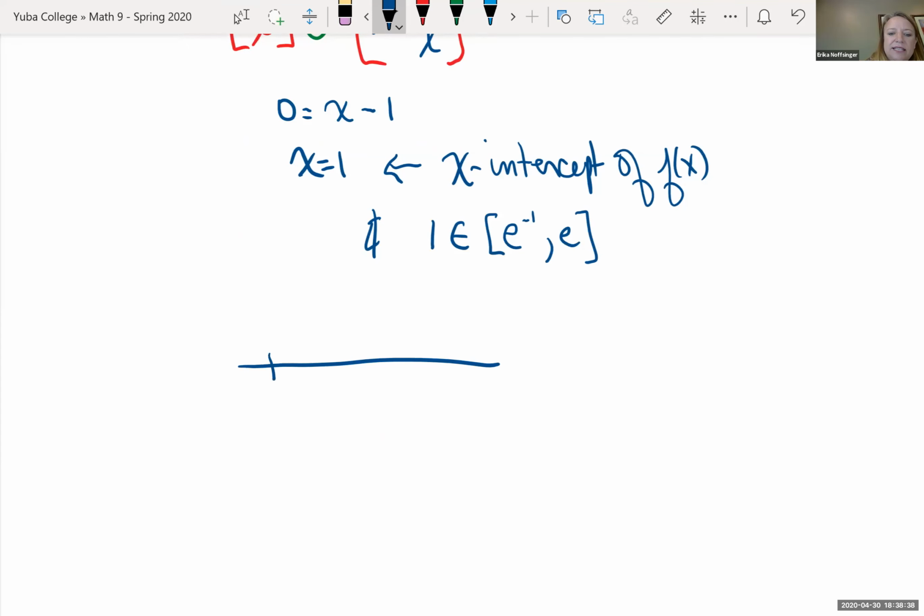So we have e to the negative 1, because that's our bound, which is 1 over e. Let me just approximate what that is. 1 divided by e is about, let's just say, 0.4.